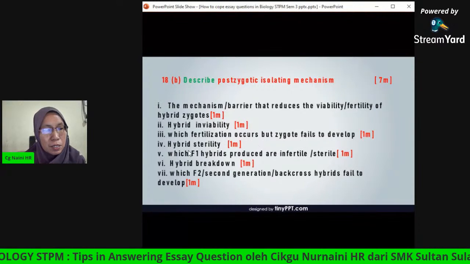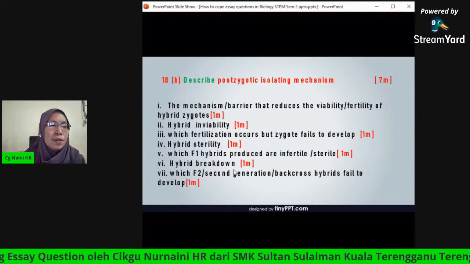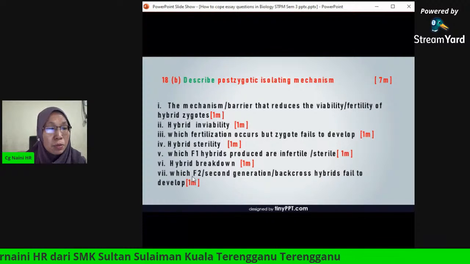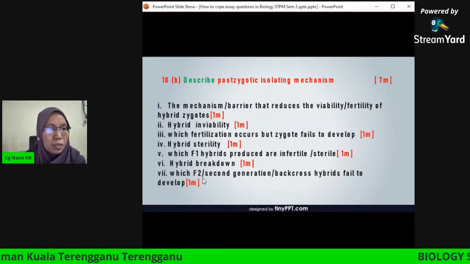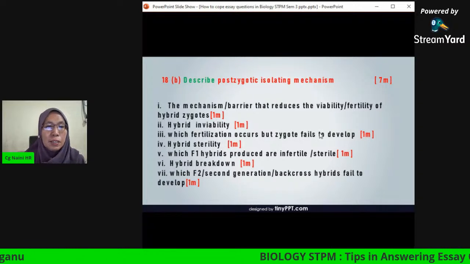You can use the symbol F1 for the first generation. Hybrid breakdown, which is the second generation, or you can use the symbol F2. So with these points you can get 7 marks.